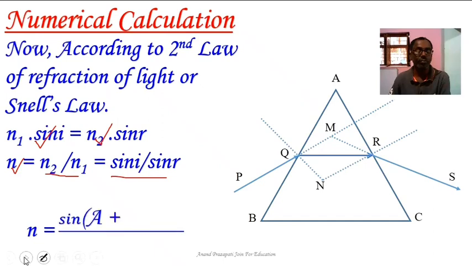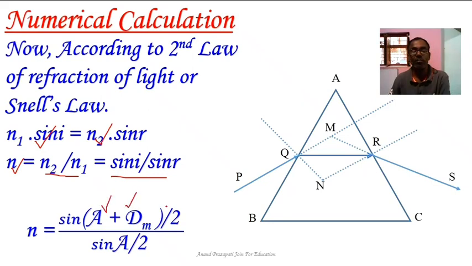So the value of I is A plus dm by 2 and the value of R is A by 2. So the refractive index of the glass plate or triangular glass plate will be sin of (A plus minimum deviation) by 2 divided by sin of A by 2.